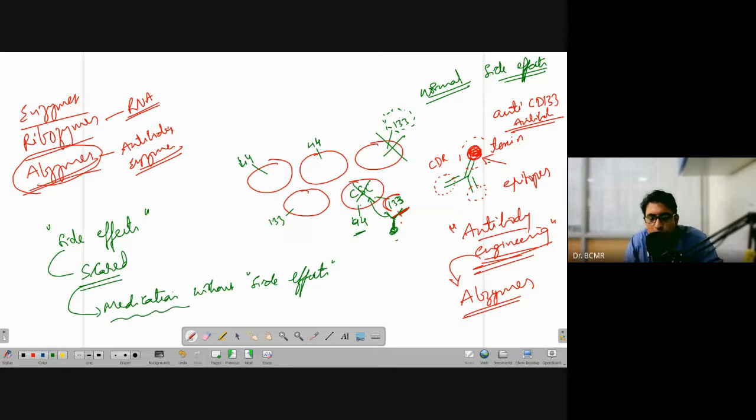Is that true or not? If there are no side effects, are there any effects at all? That's a question. If we take anything that we are not supposed to take, or don't take normally, it is likely to have side effects, at least on continued usage of that medicine.